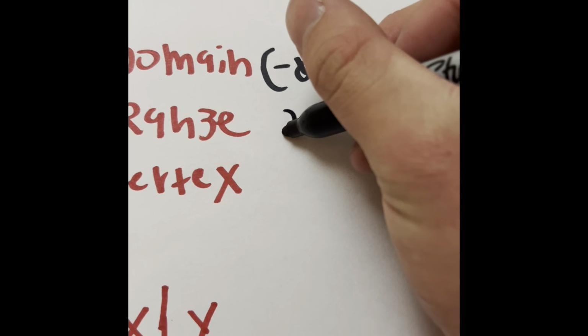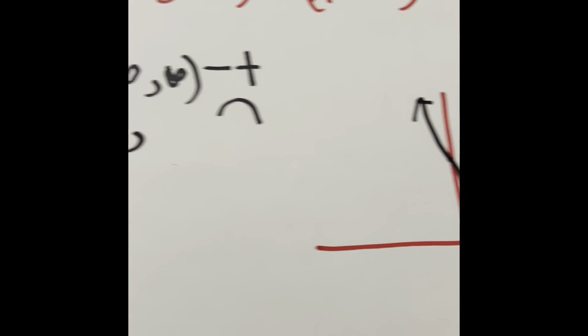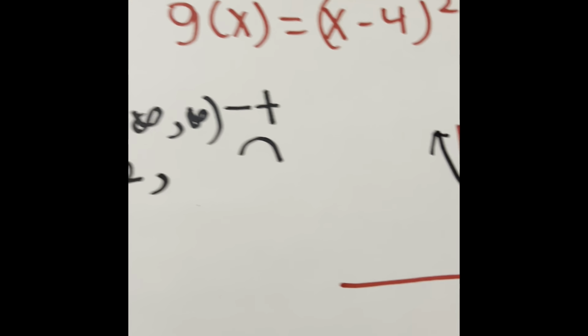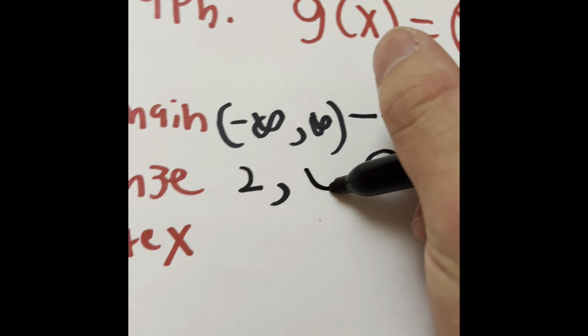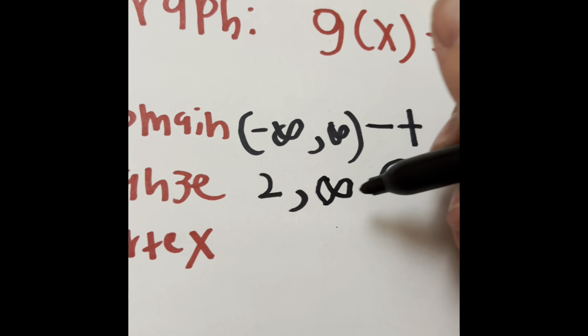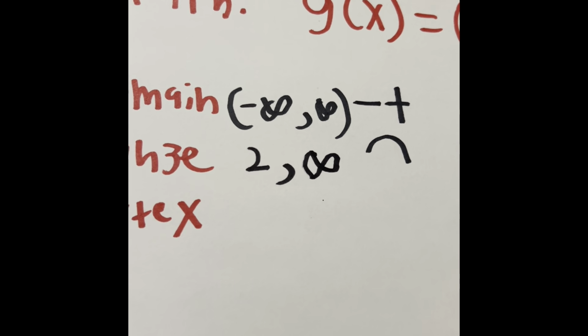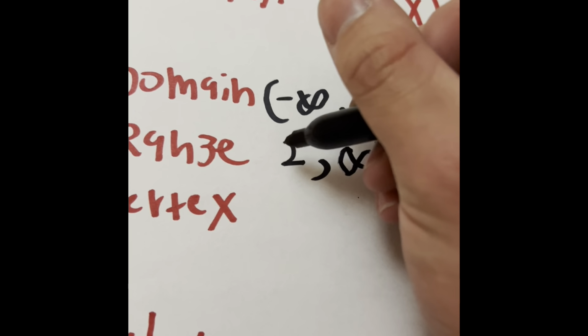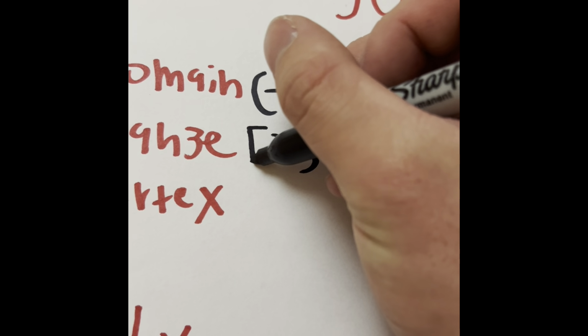So we're going to put 2 right here and make a comma. But it keeps infinitely going up, up, up. Which means we are going to have infinity. But uh-oh, since 2 is a number that has a set value and it doesn't change, instead of a parenthesis like infinity, we must keep it as a bracket.